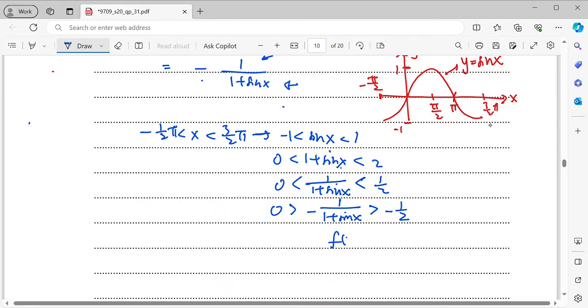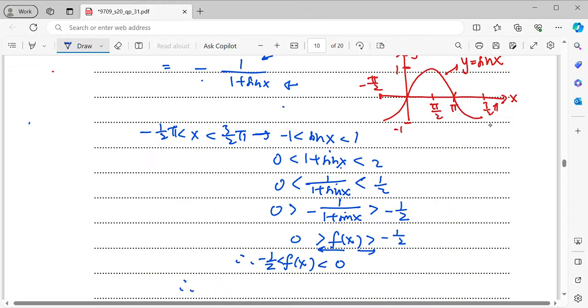That means your f is greater than negative half, but it's less than 0. So in other words, you can just write it is greater than negative half, but it's still less than 0, when you read from the right side, in this direction. So in general, it is still less than 0.